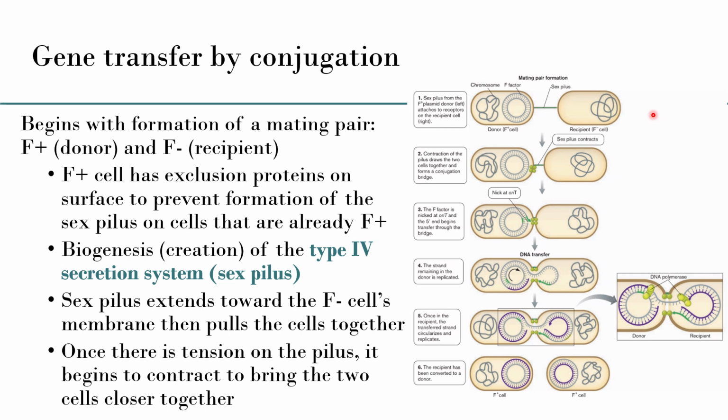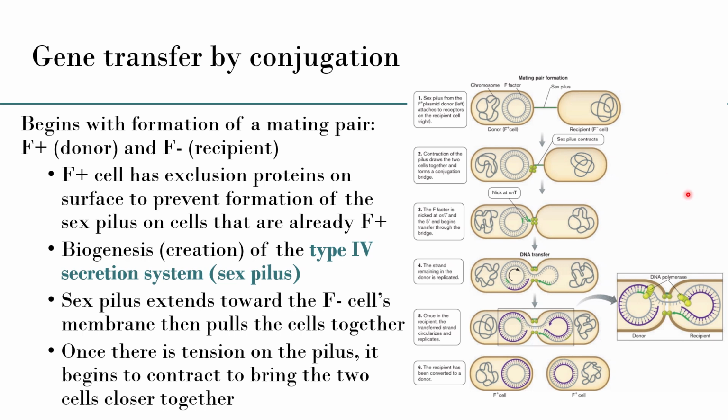If the fimbriae exist because the cell has the F plasmid, then the sex pilus can't attach to that cell. It can't get past the fimbriae to attach and initiate conjugation. So that's the way that they can tell who is a recipient and who is not.